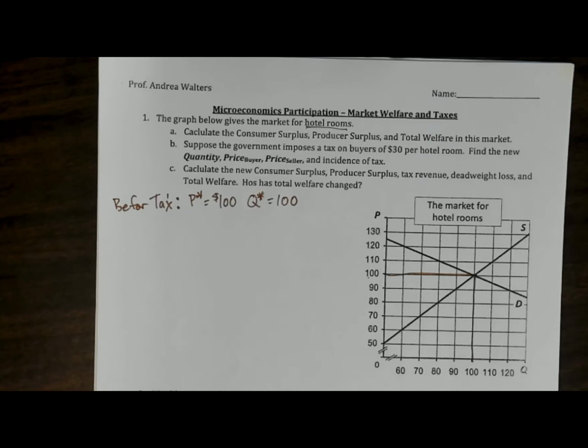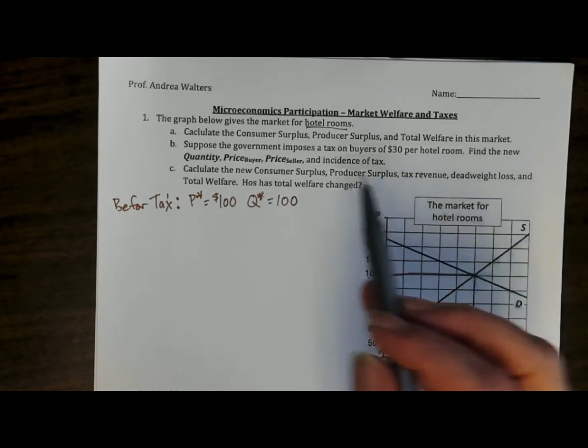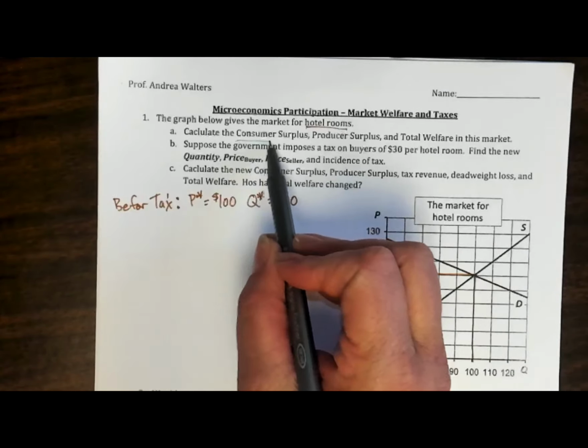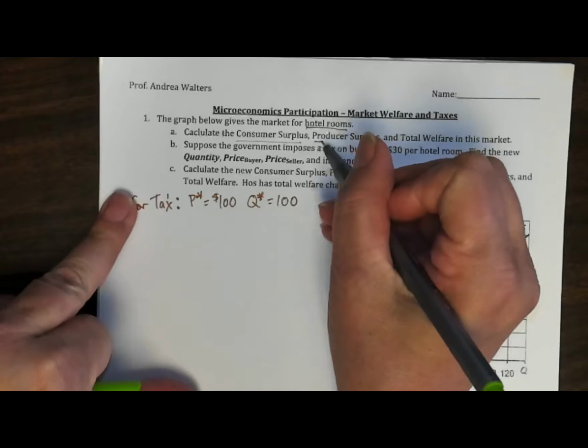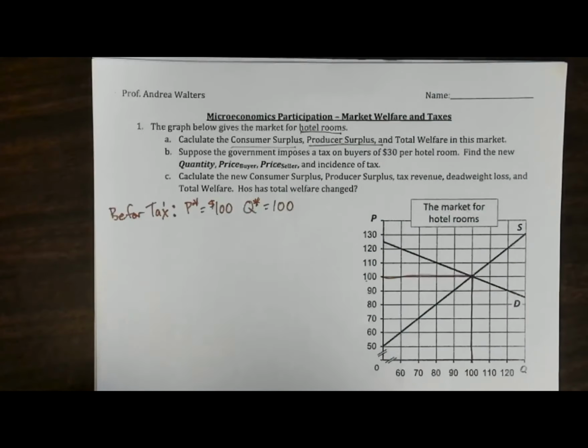Then we want to go ahead and start off by calculating the consumer surplus and producer surplus in the market in equilibrium now. And then after we calculate consumer surplus and producer surplus, we'll go ahead and look at it after the tax is imposed. So I'm going to do it a couple of different ways.